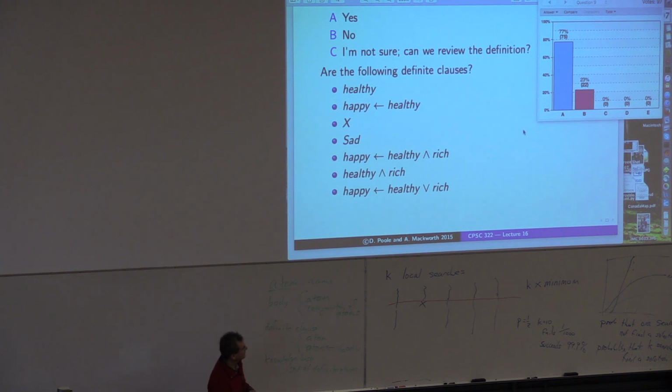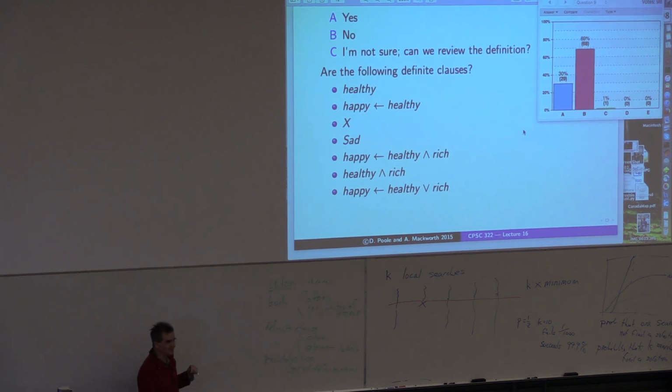Is healthy or rich a conjunction of atoms? So why is everyone saying yes? Peer pressure is getting to you guys. Don't believe them.